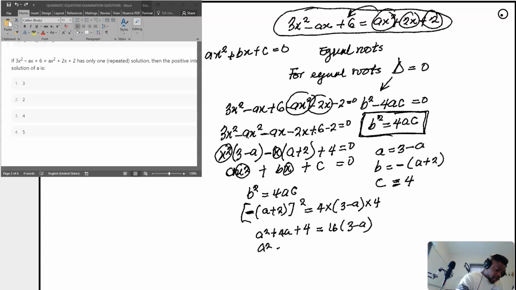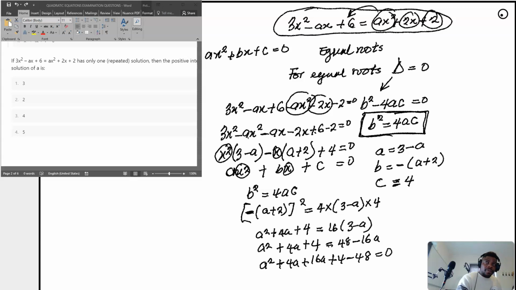So this is a squared plus 4a plus 4. This is 48 minus 16a. We can take everything to the left hand side. a squared plus 4a. Bring minus 16a to this side, that is plus 16a. Plus 4. Bring 48 to this side, that is minus 48, is equal to 0. So here we can rewrite this as a squared plus 20a minus 44 is equal to 0.